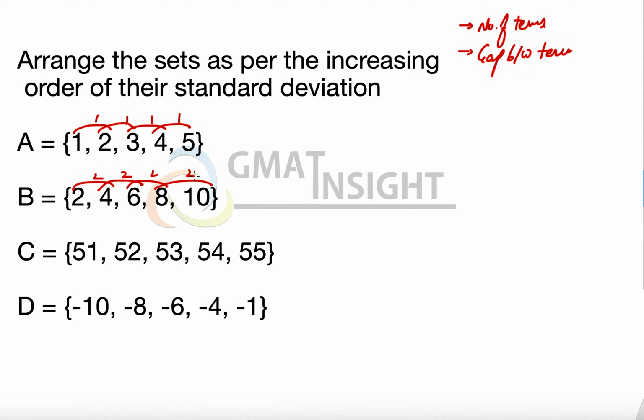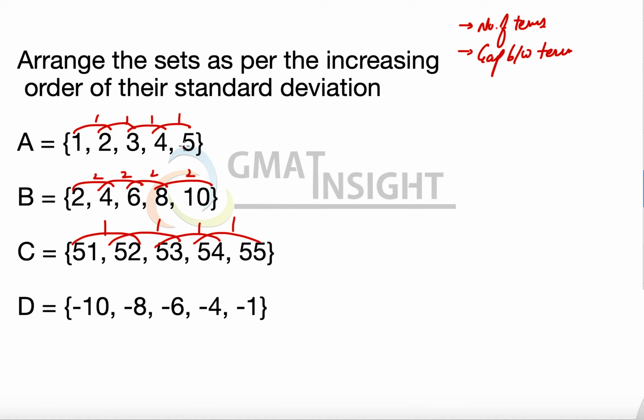So from here, we should quickly understand that the standard deviation of set B should be greater than the standard deviation of set A, because the number of terms are equal, and greater separation leads to a greater value of standard deviation. In case of set C, we have the gaps 1 again. So now if we compare B and C, both have the same number of terms and B has larger separation, so B will have a greater value of standard deviation.